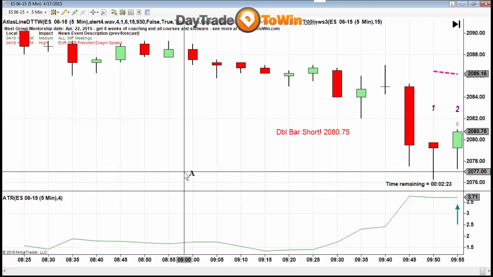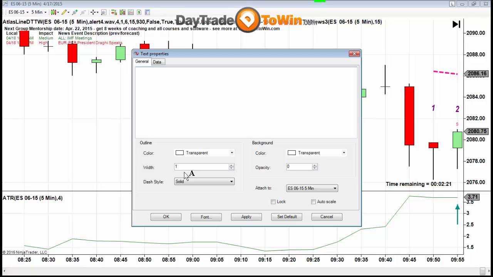But as far as a stop, my stop is going to be double the ATR up to 5 points on the E-mini S&P. So 5 points is what I call the catastrophic stop.